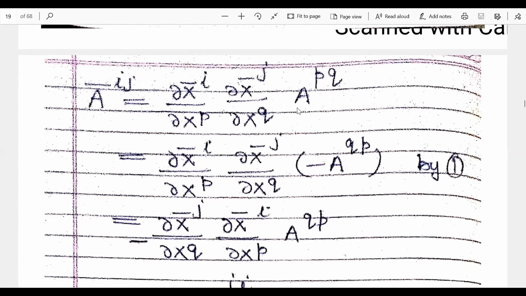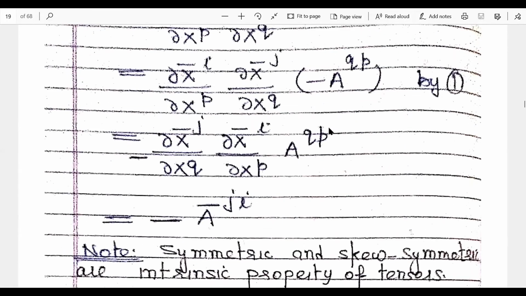Now this term A_pq can be converted into minus A_qp. So this will become minus times this and A_qp. So what is this? It is minus times A bar ji. So again it holds the skew symmetric property in barred coordinates.